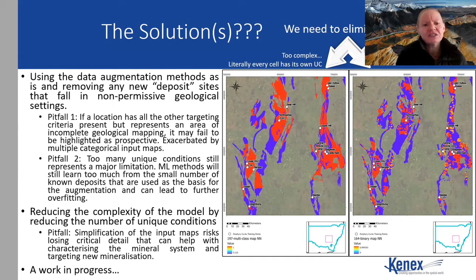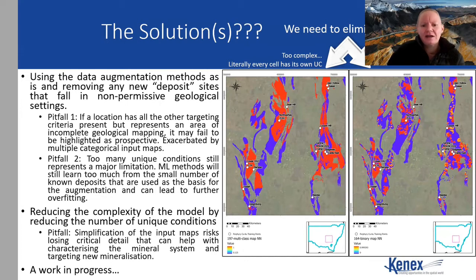So one, we can use the data augmentation methods as they are and basically just remove any new deposit sites that fall in non-permissive geological settings. There's obviously some pitfalls to that approach. If the geological mapping is incomplete, which it almost always is, what's going to end up happening is we're going to intentionally be removing training points, and we could be removing the augmented training points where there is an unmapped intrusion, for example, right?